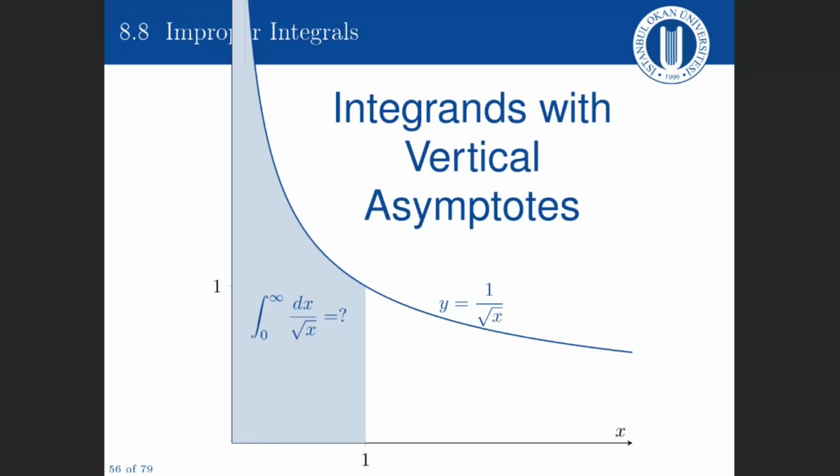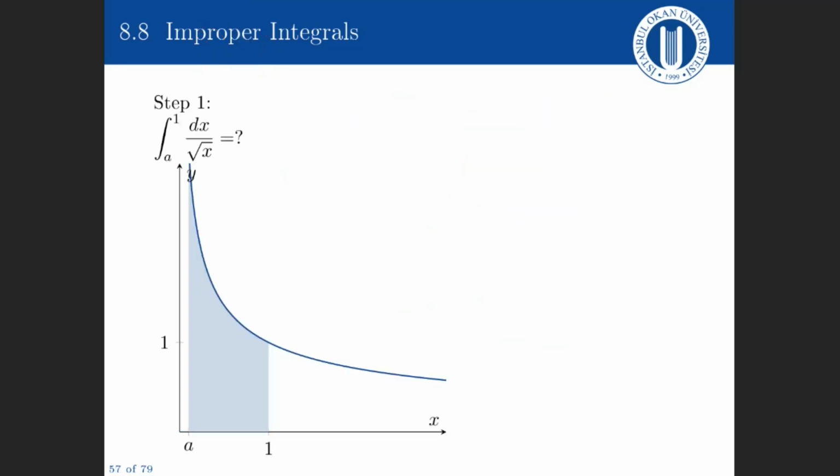What can we do if we have areas which go all of the way up to infinity? It goes all of the way off the slide, up at the top, all of the way up to infinity. How could I calculate the integral from 0 to infinity of dx over the square root of x? Two steps. Step 1, instead of 0, we're going to replace this by a letter a.